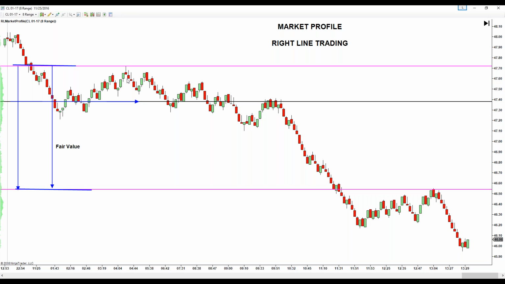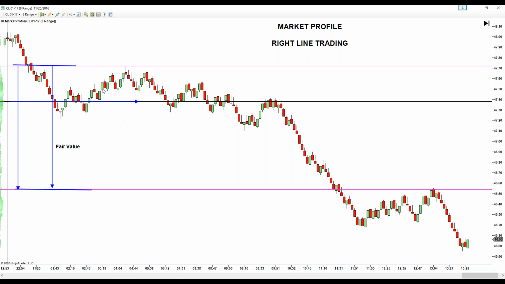And in addition, our market profile calculates intrabar so that at the close of a candle, it doesn't all of a sudden jump the value area high or value area low right in front of your price, which can turn a good trade into a bad trade as soon as it hits.